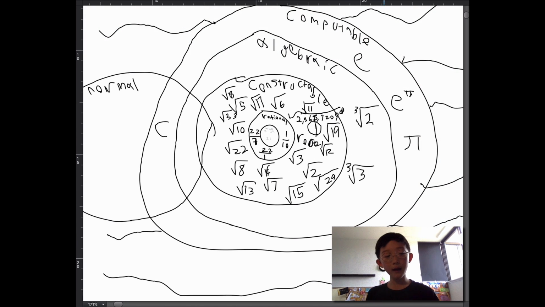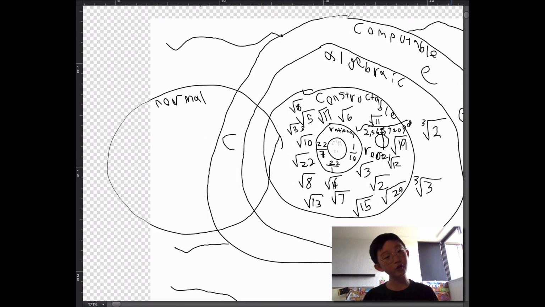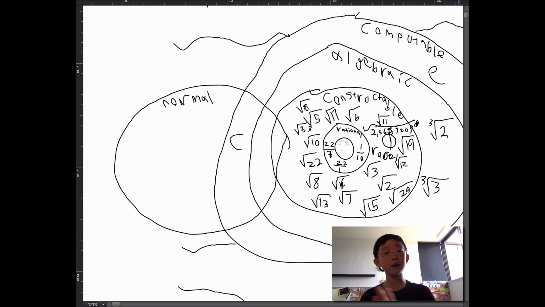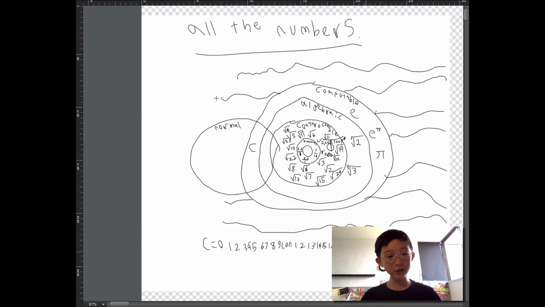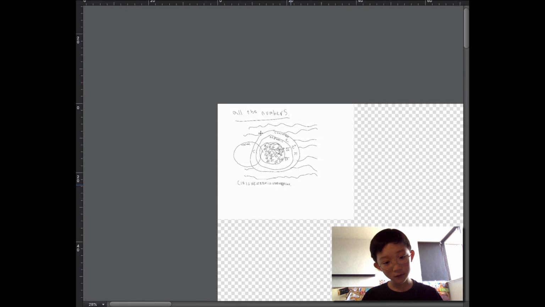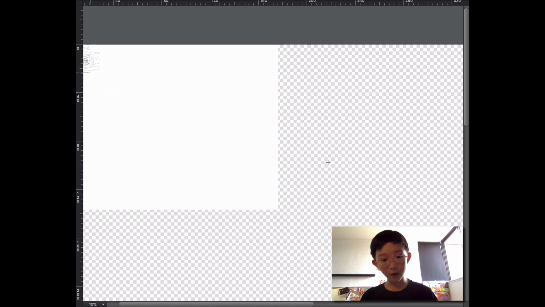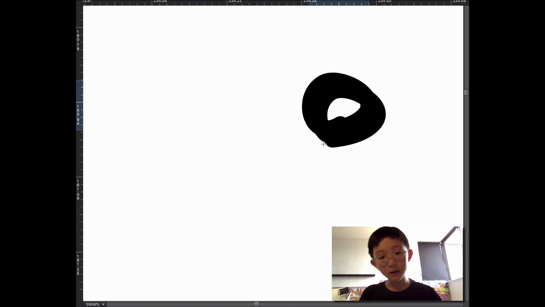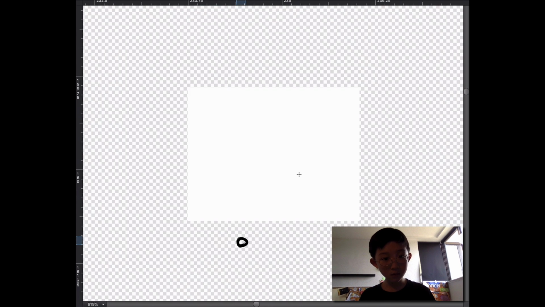Now, of course, all the normals are usually uncomputable, the ones outside of the computable. So actually this normal section should be redrawn. If we redraw it, the whole thing would be about that big. So there's our drawing.